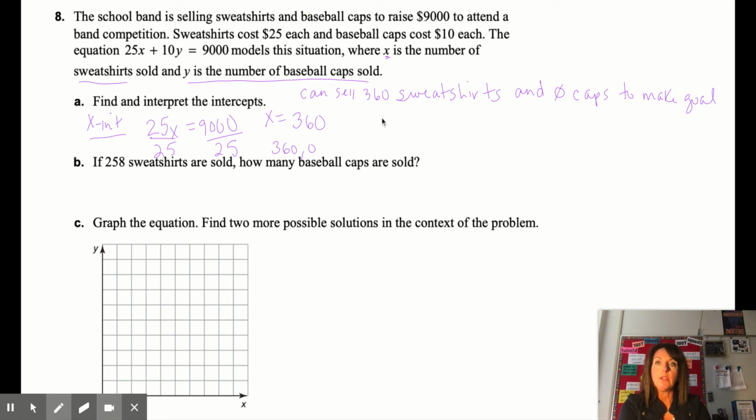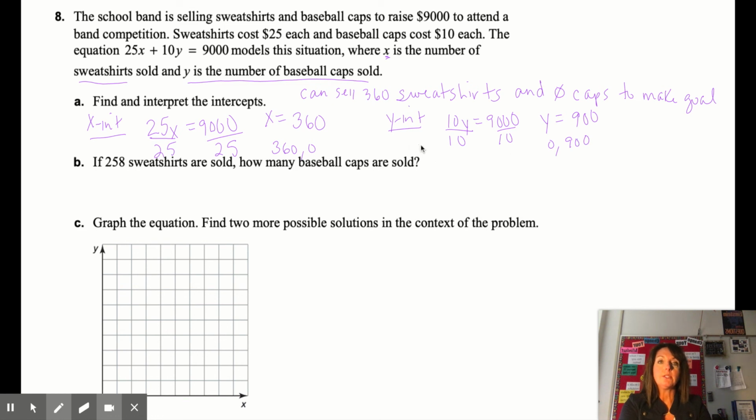All right. So if we're doing the y-intercept, in this case, x becomes equal to 0. So we are solving 10y is equal to 9,000. So we're dividing both sides by 10. And we're going to get the y-intercept equal to 900. And that represents the ordered pair 0, 900.